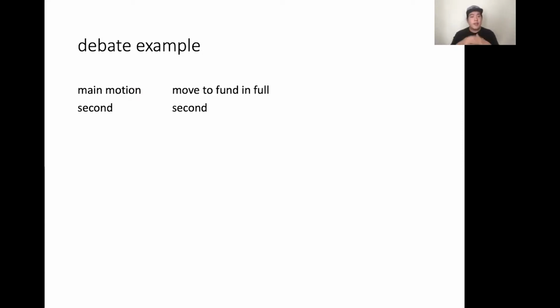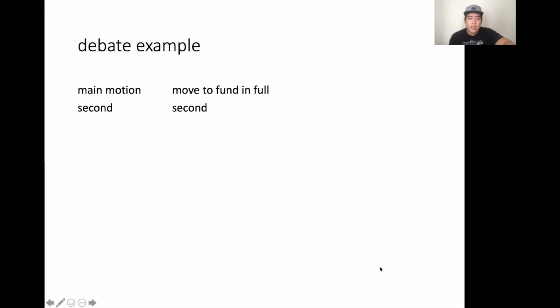And this goes back to the pillars of Robert's Rules: it is really intended to be a way for anyone to make a motion. Anyone has a voice, but you need at least one other person to agree with you, because otherwise what is being implied is you're the only person that wants to do that. So every motion needs a second, and if it doesn't have a second, the motion automatically dies.